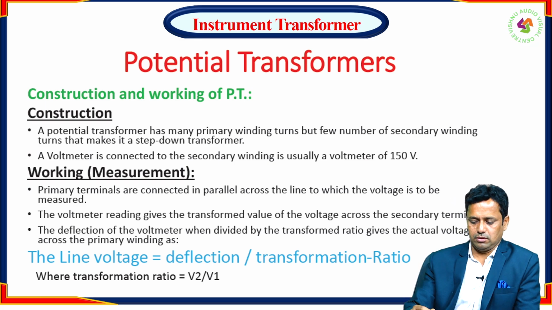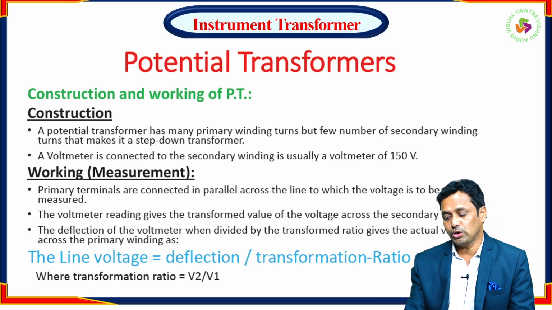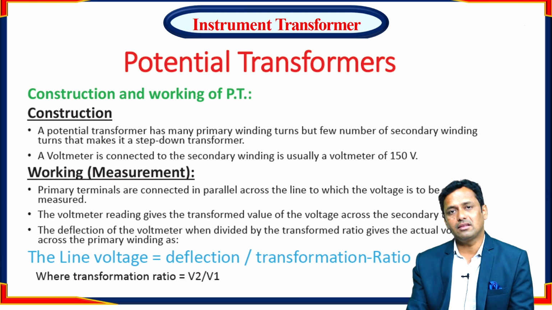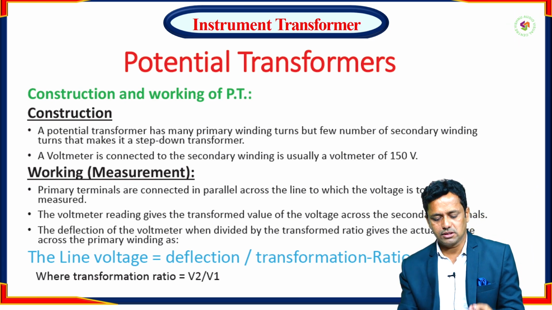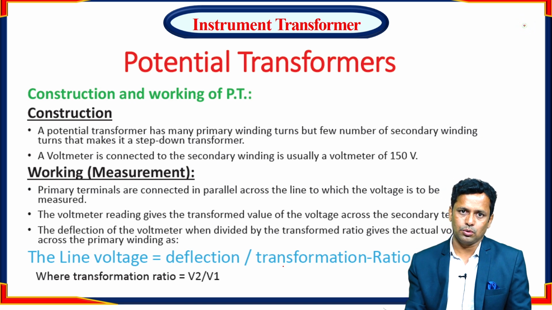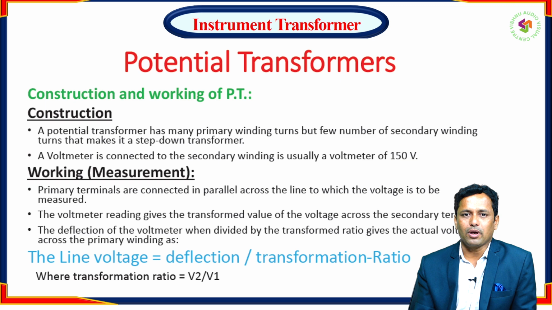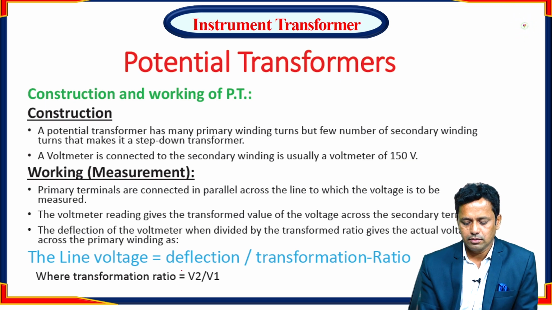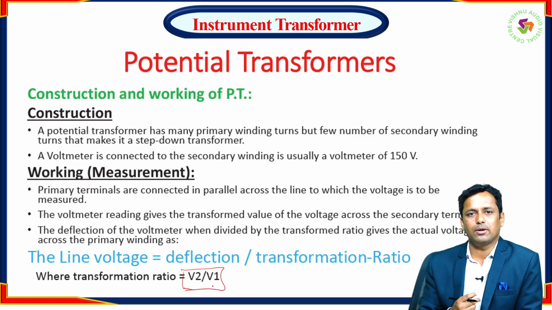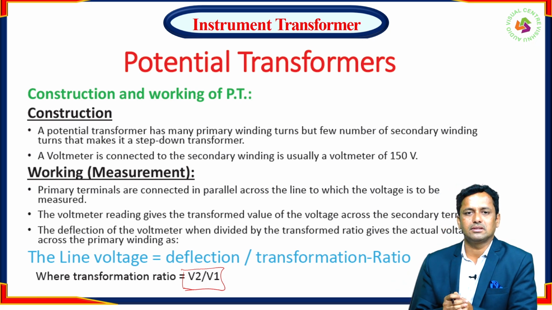The voltmeter reading divided by the transformation ratio gives the actual voltage across the primary winding. So the line voltage is equal to the deflection of the meter divided by the transformation ratio. The transformation ratio is the output voltage by the input voltage, V2 by V1.